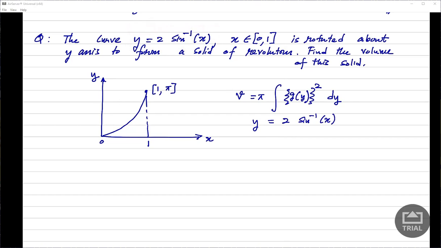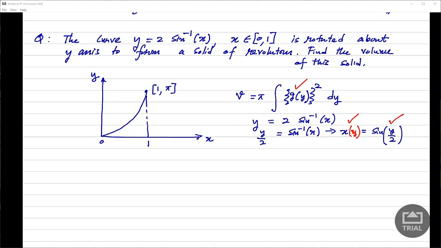What I will do is move 2 to the other side. Then this is sine inverse, so I get x equals sine of y divided by 2. Now I'm satisfying my condition, so now x is a function of y.